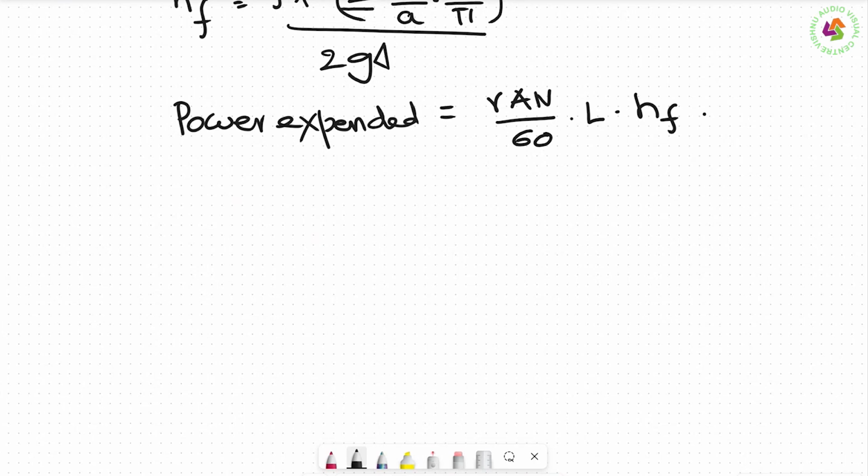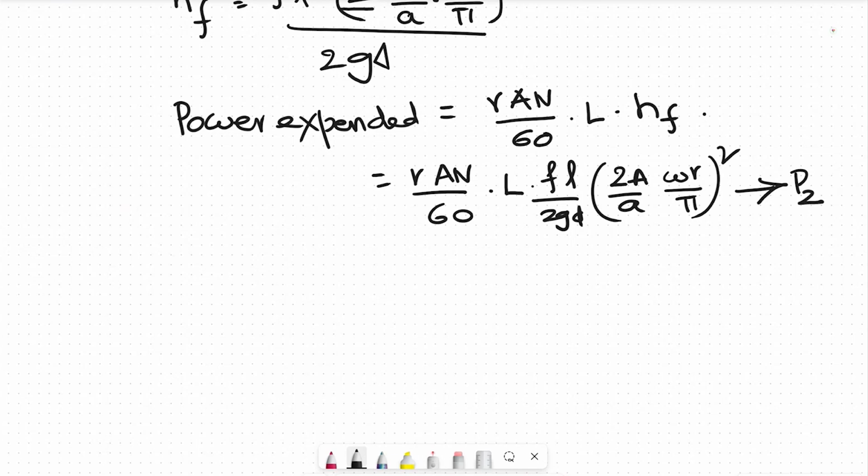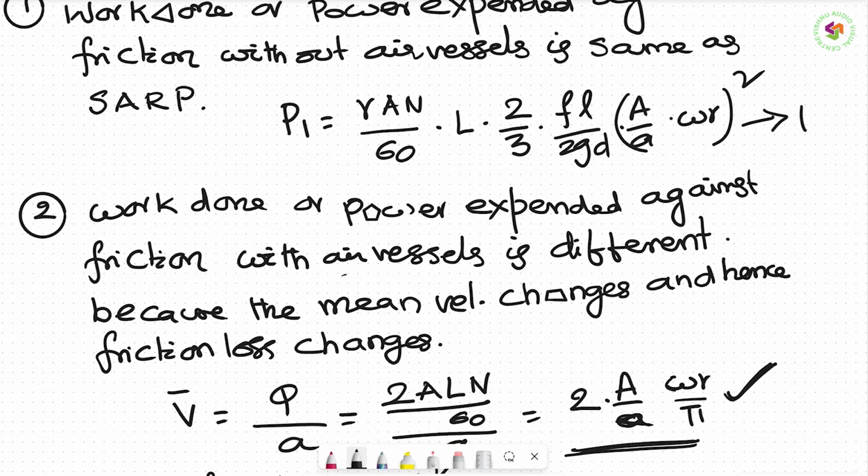So you can write gamma AN by 60 into L into FL by 2GD into (2A by a omega R by pi) whole square. Therefore, this is P2 and the previous one is P1.